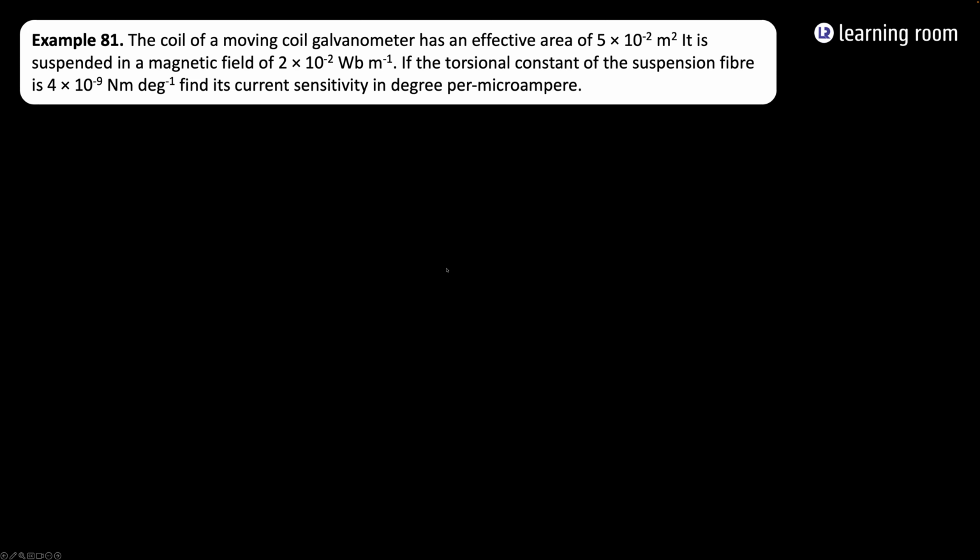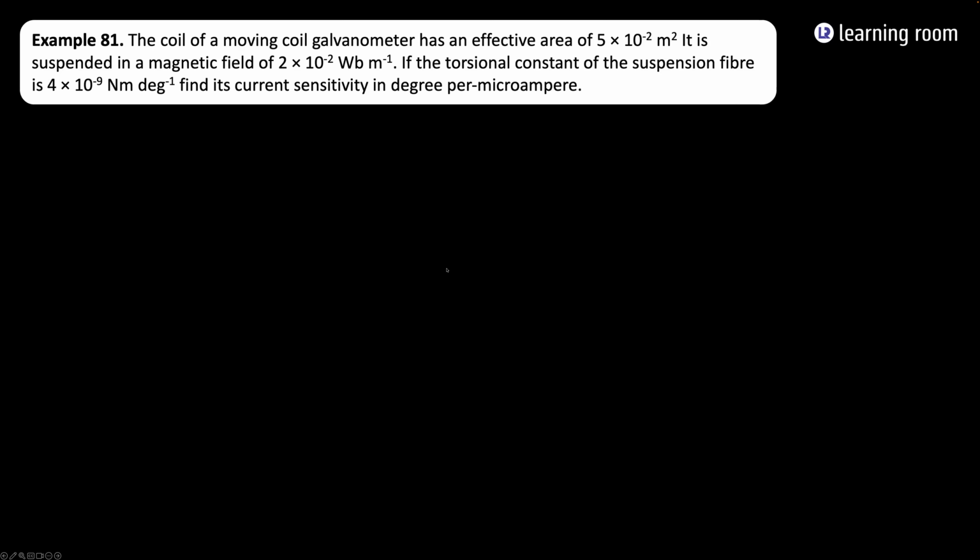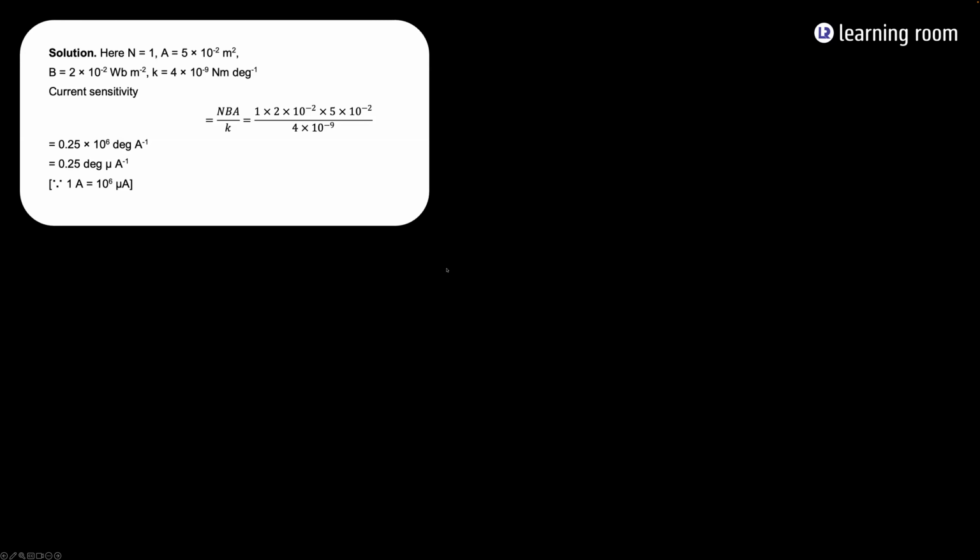But did you read the question? You need it in terms of degree per microampere. So the numerator should be in terms of degree, the denominator in terms of microampere. So 0.25 degree per microampere.